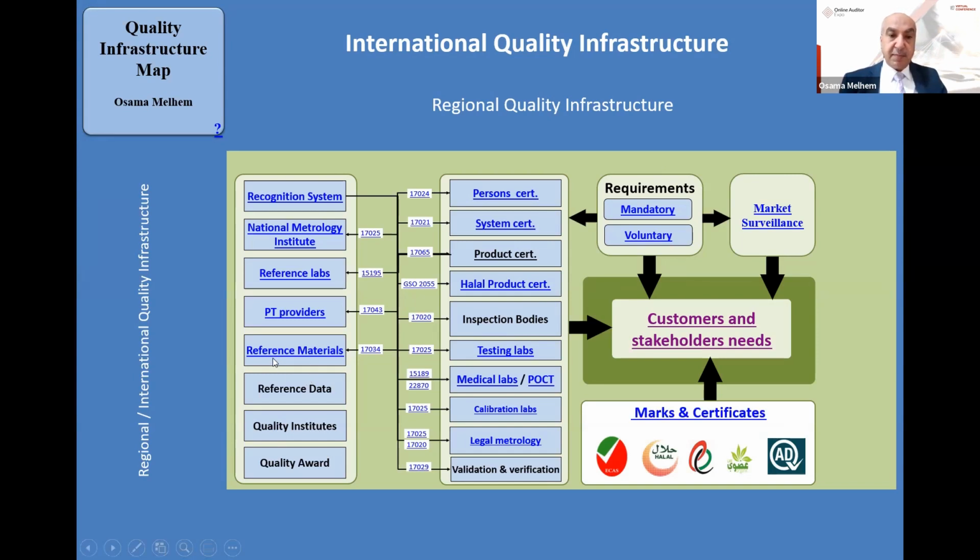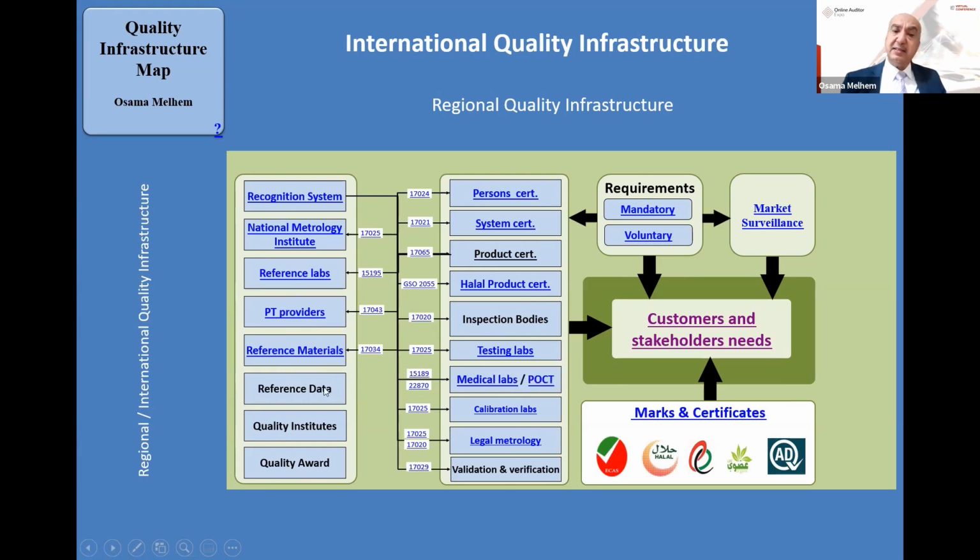Reference materials producers are also bodies producing homogenized and stable materials. These stable and homogenized materials are used either by the PT providers or by testing laboratories to ensure that the testing laboratories can get the same results all the time.